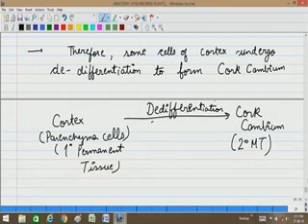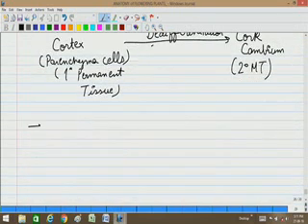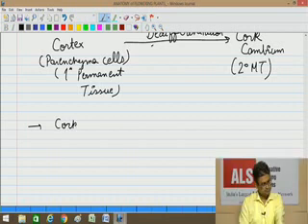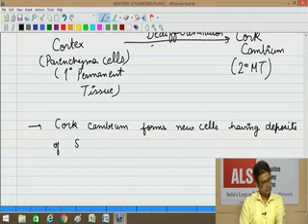Cork cambium. Now let's write about cork. Cork cambium forms new cells having deposits of suberin. Suberin is another name for cork.